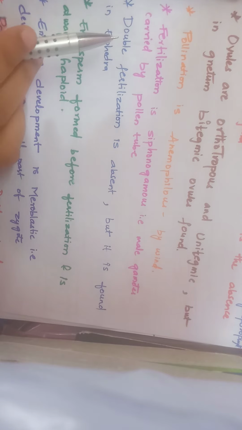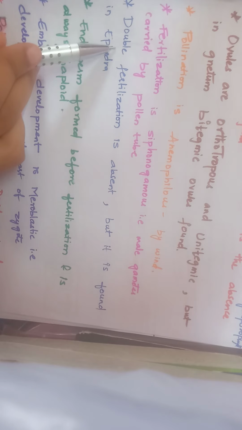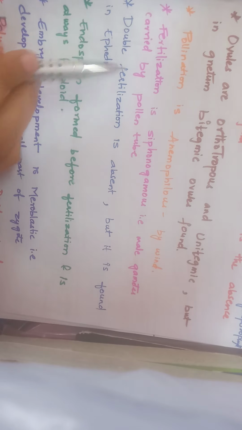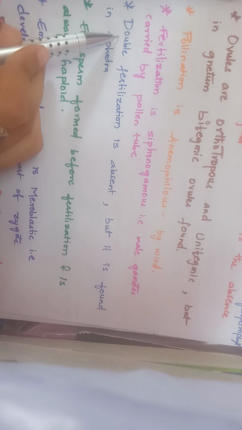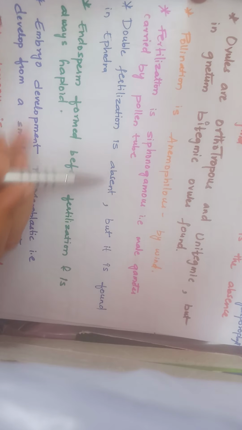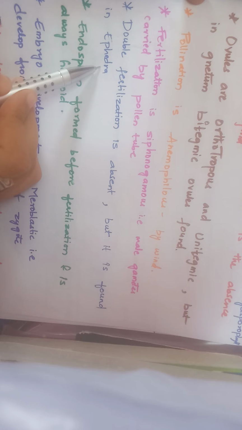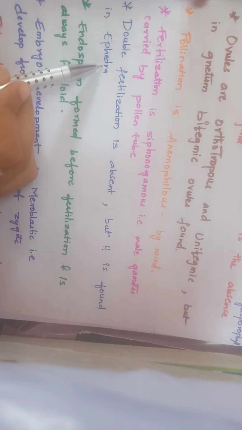Then the other male gamete fuses with the secondary nucleus found in the embryo sac and gives rise to the endosperm, which is triploid in nature. But in the case of the gymnosperms, double fertilization is absent, except for one exception, Ephedra, in which double fertilization is seen.